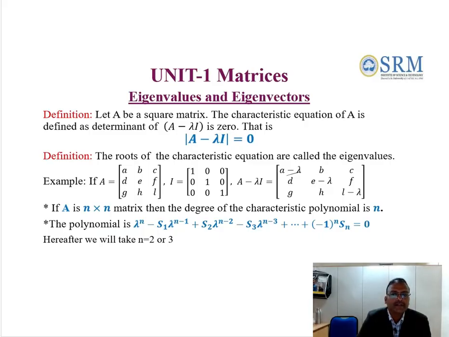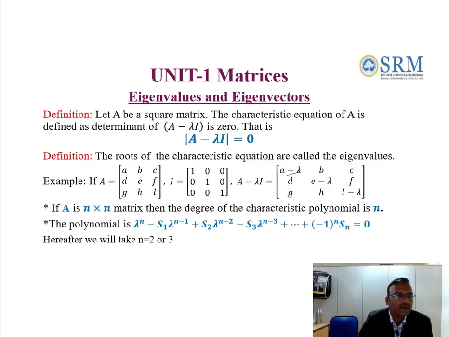That means some scalar multiplication of the same vector x. Suppose lambda is less than 1, then the length of the vector will be shrunk. If it is greater than 1, then it will be elongated. If it is a complex number, then we will have some rotation and a magnification. Okay, this is the geometrical meaning of Ax equal to lambda x, right?